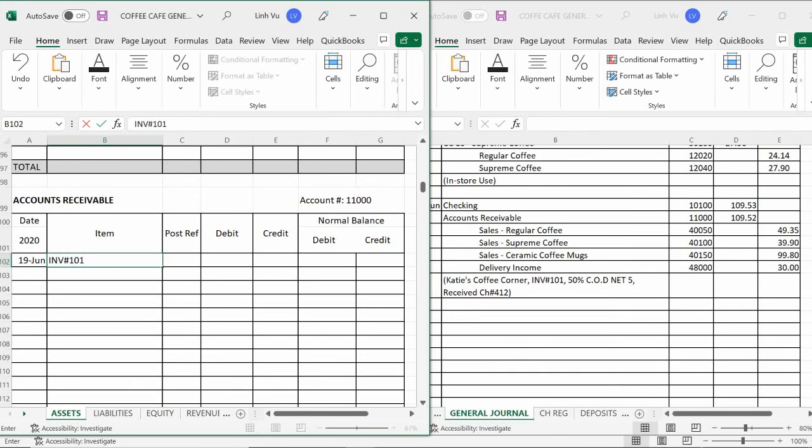So I'm going to put invoice number 101, because you can look that up in your sales order. How much does Katie owe you? 109.52. Good.